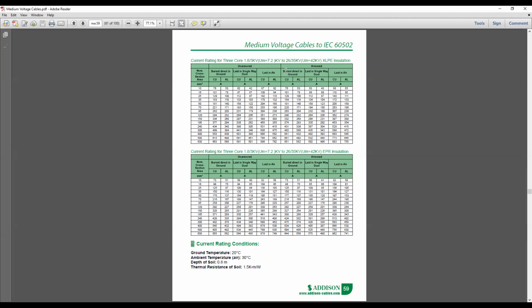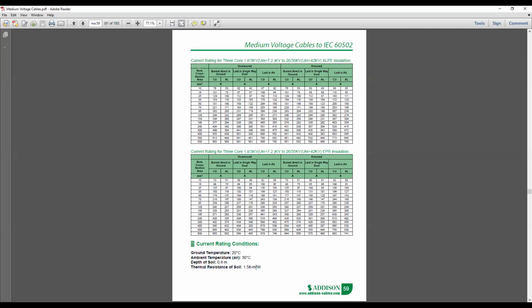Our installation method is direct in ground, but the ground temperature given in the table is 20 C. So you can't take this value. What you have to do is take the value from the laid in air configuration and multiply it by the correction factors you find from the table.